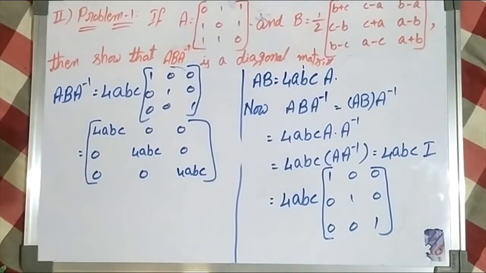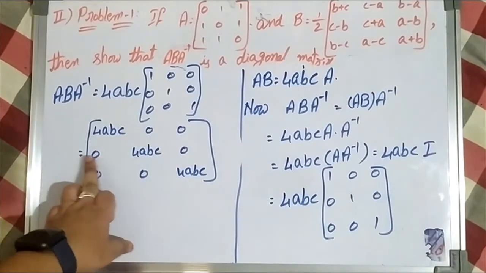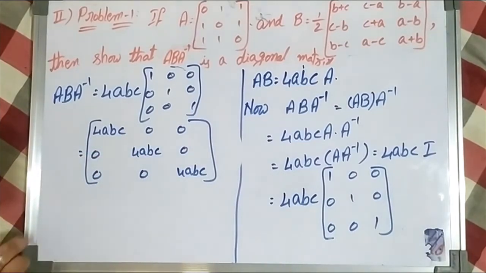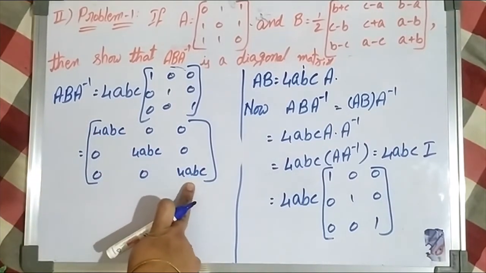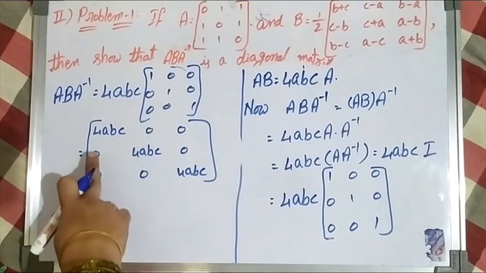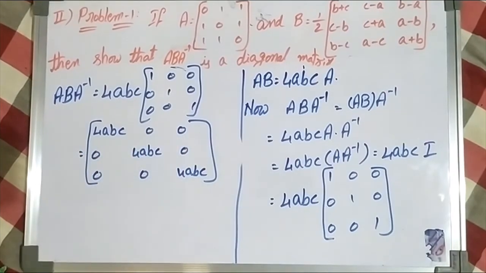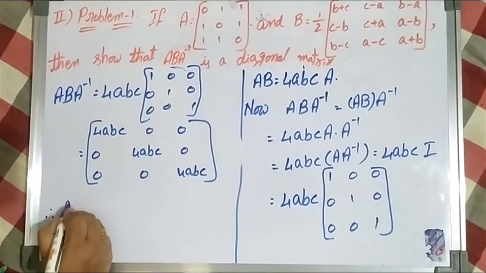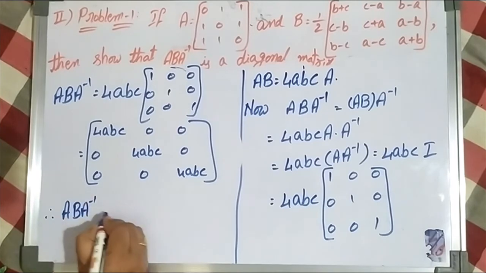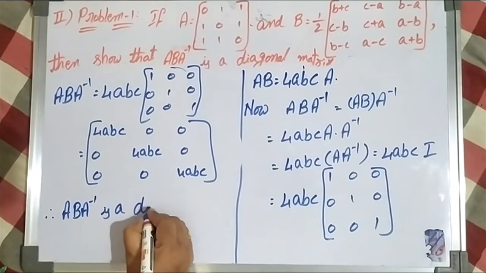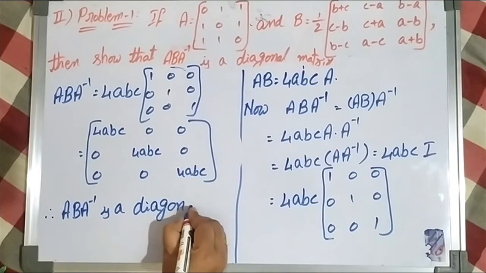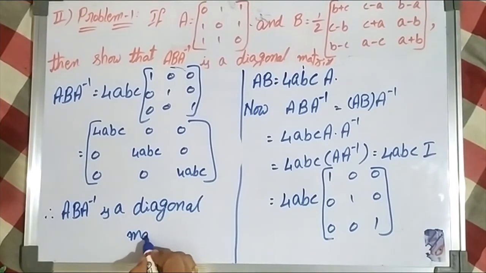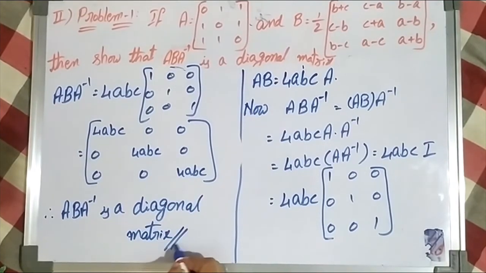By observing this matrix, it is a diagonal matrix, because all the diagonal elements are non-zero and the elements other than the diagonal are equal to 0. Such a matrix is called a diagonal matrix. Then we say that AB into A inverse is a diagonal matrix. This is the solution of this problem.